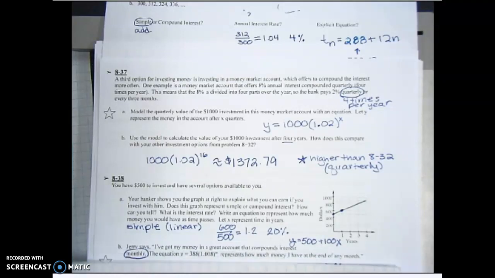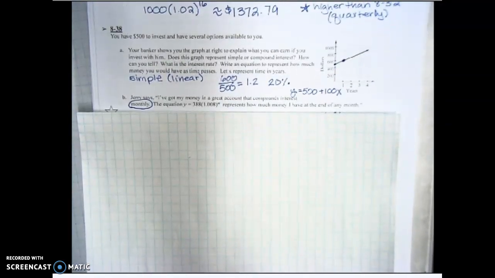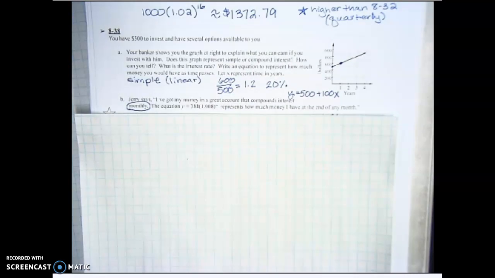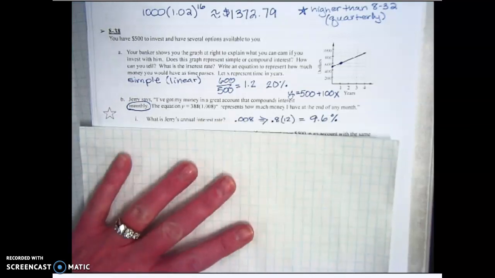Part B says, Jerry says, I've got my money in a great account that compounds interest monthly. The equation, y equals 388 times 1.008 to the m represents how much money I have made at the end of any month. Okay, so how many months in a year? 12. Okay, so watch what you're going to do.